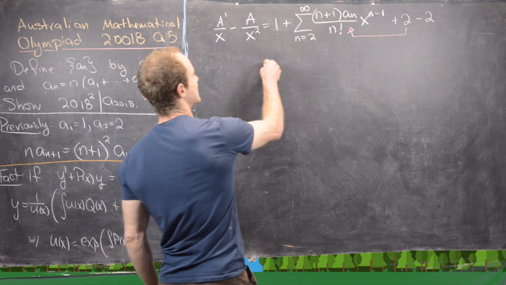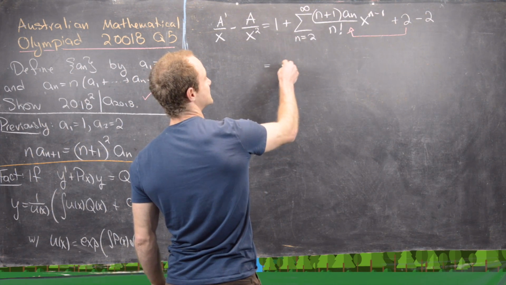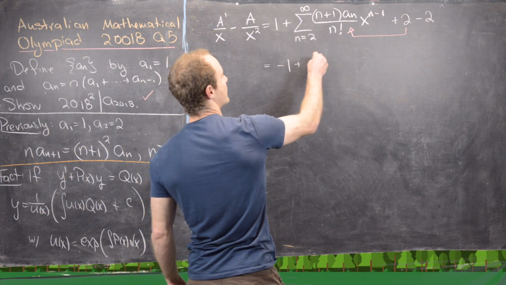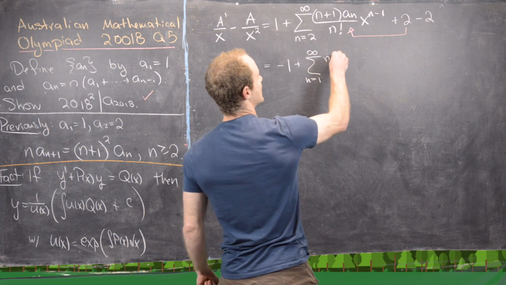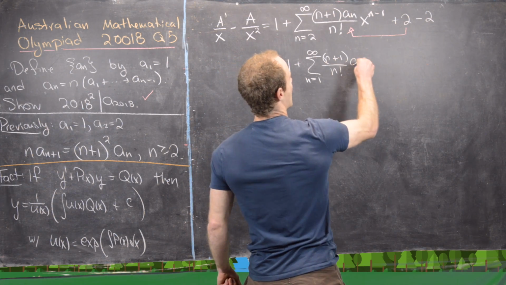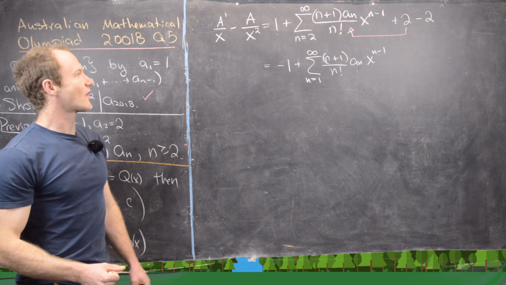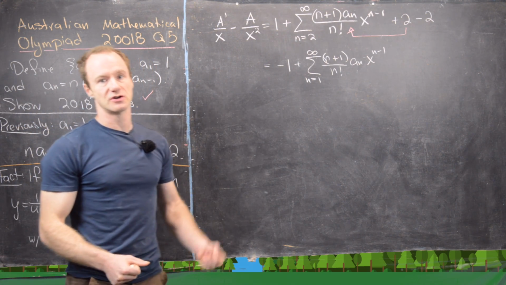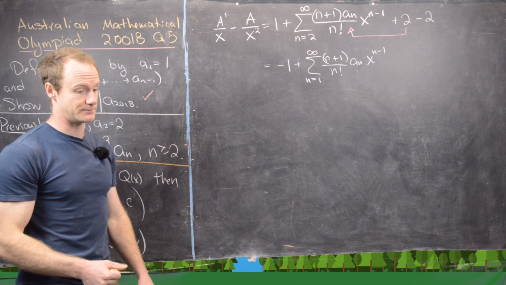So notice that's going to give me the following. I can do minus 2 plus 1, so that's going to be minus 1, and now I have plus the sum n equals 1 to infinity of n plus 1 over n factorial a sub n x to the n minus 1. But that's starting to look a lot like my original series A with the derivative having been taken.